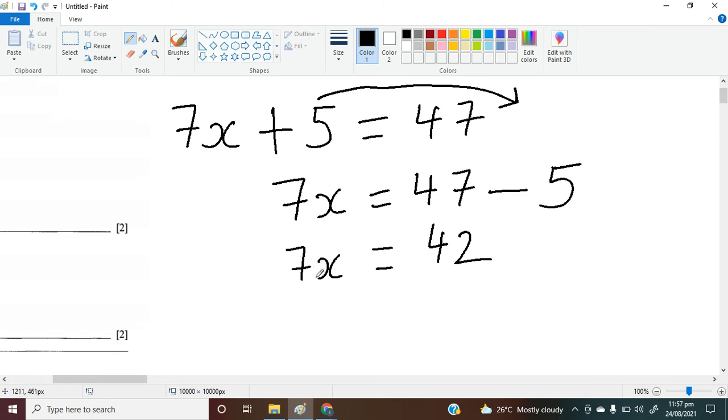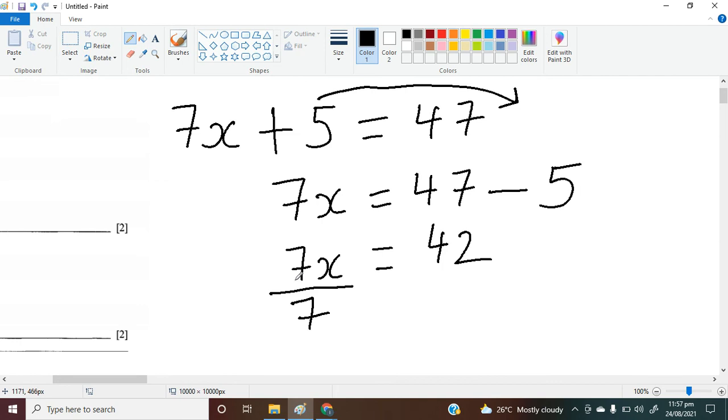In order to remove the 7, because it's connected to the x by multiplication, the rules of algebra say that you divide it. You do its opposite, basically. The opposite of multiplication is division. So we're going to divide by 7 in order to get rid of it.